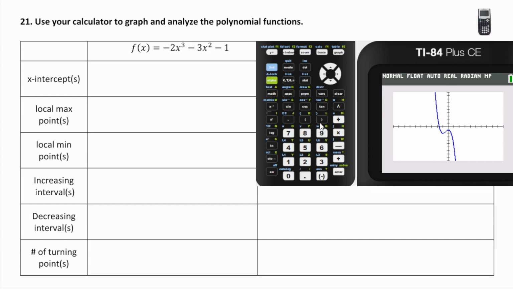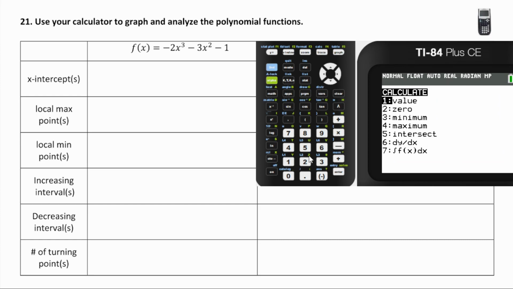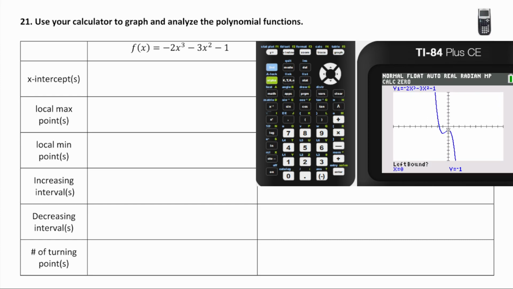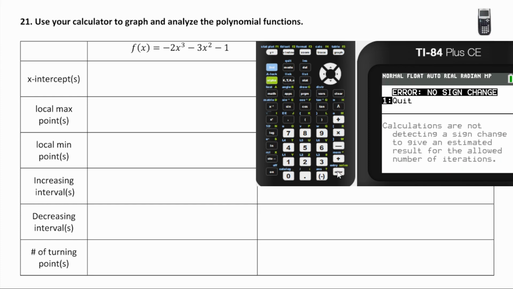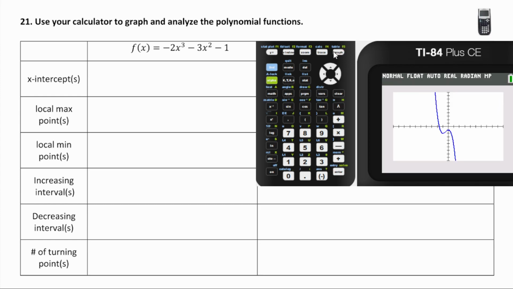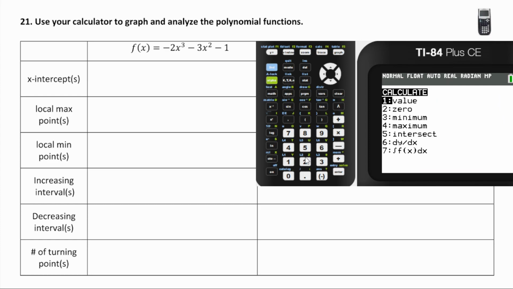All right, so the x-intercepts. Okay, I'm going to compute that zero that's right there. So we'll calculate a zero that's between x equals negative 2 and x equals negative 1. What happened there? Okay, I'm just going to try that again.